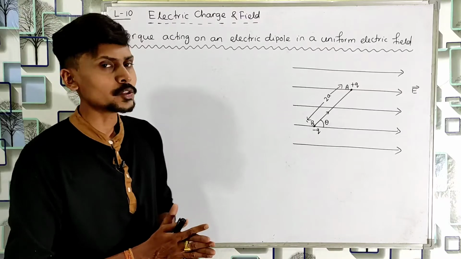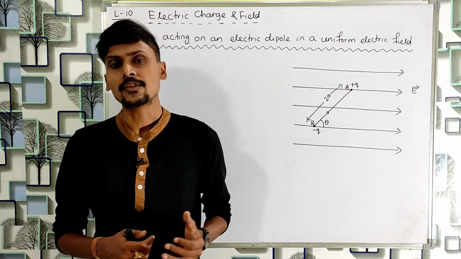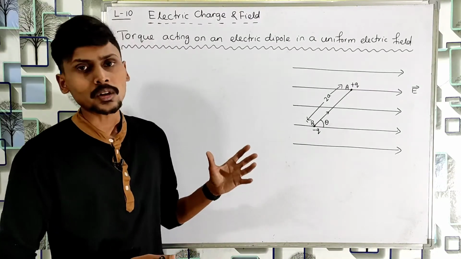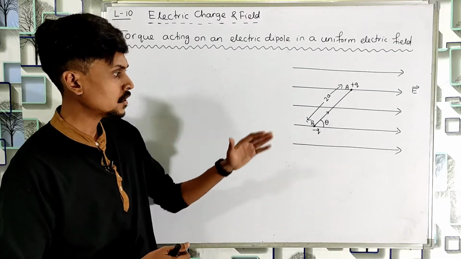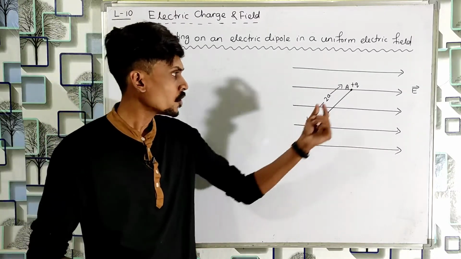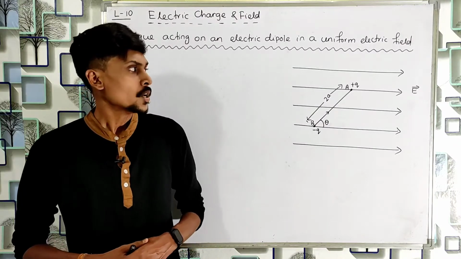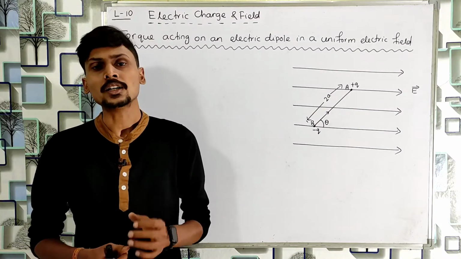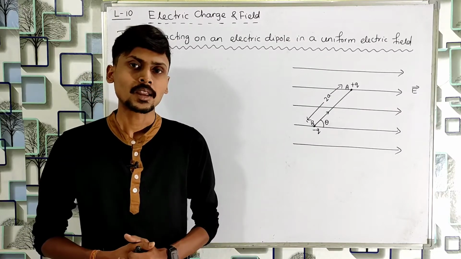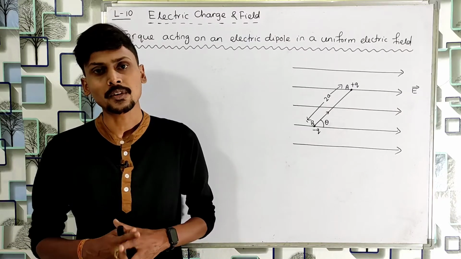Students, we know that whenever we place a charged particle inside an electric field, it experiences an electrostatic force. The dipole consists of two charges, and both are placed inside this electric field, so both charges will experience some electrostatic force. Remember that a positive charge always experiences force along the direction of electric field, and a negative charge always experiences force in the opposite direction of electric field.